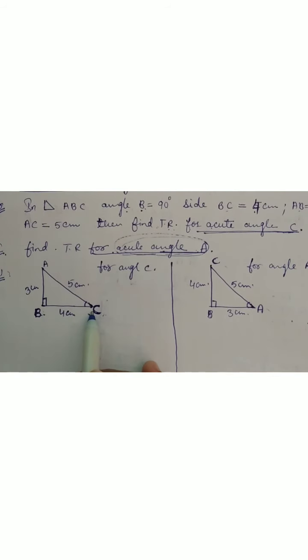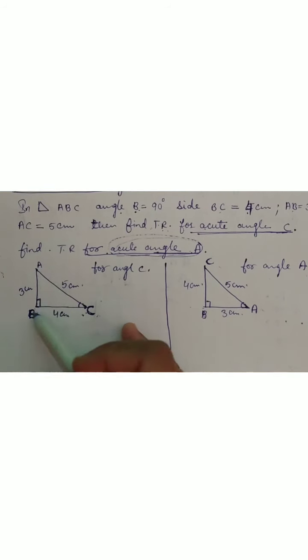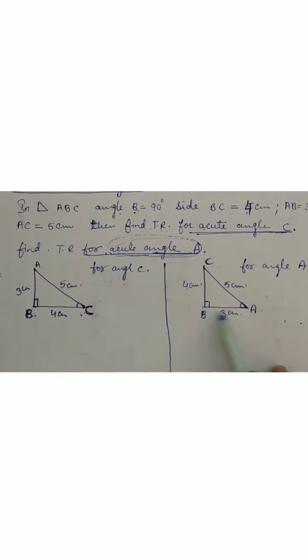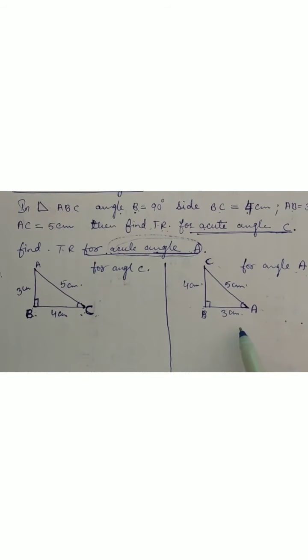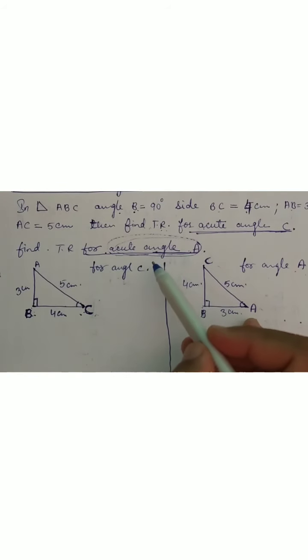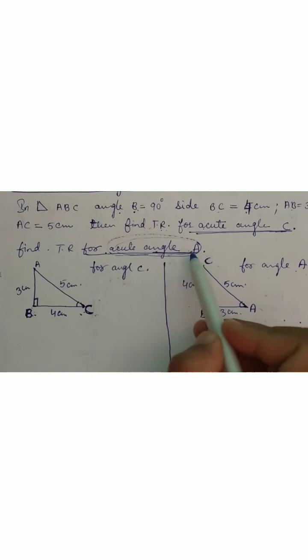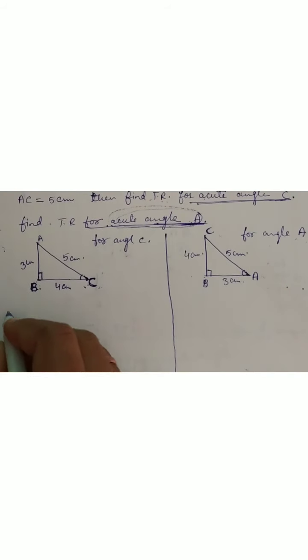The base for angle C converts into the perpendicular for angle A, and the perpendicular for angle C is the base for angle A. That is the overall difference between these two problems when a particular angle is given in question for which we find the trigonometric ratio, and the rest of the method is same.